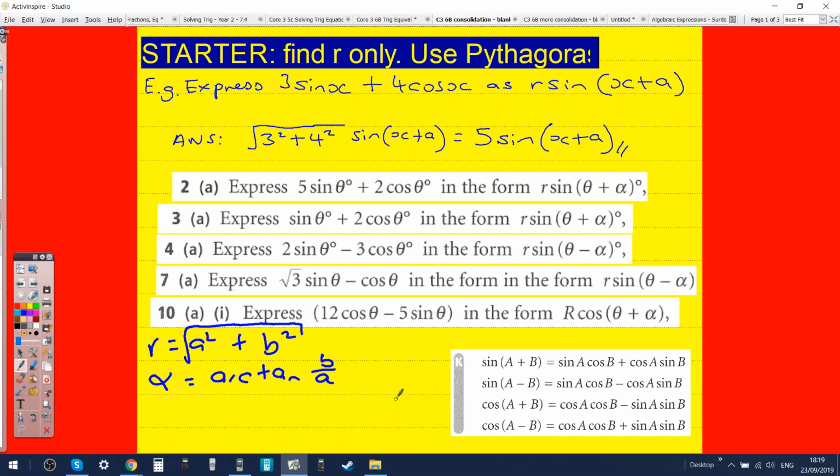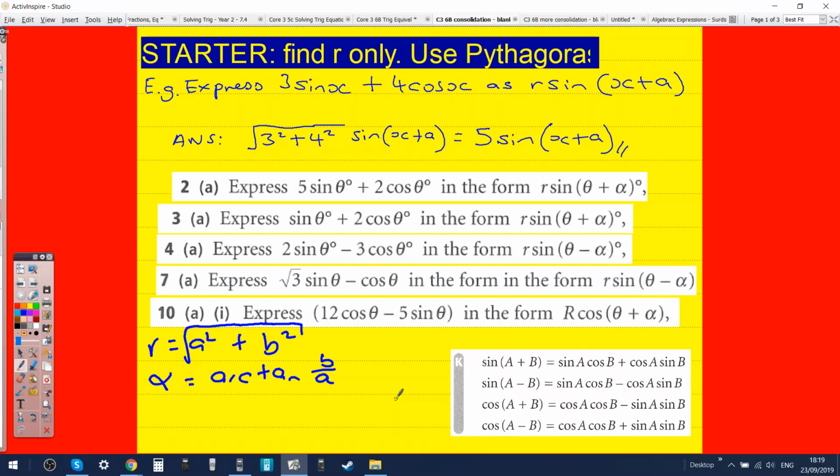Okay. So to continue with this, it would be the square root of 5 squared plus 2 squared, which is 25 plus 4. So the root of 29, which is 5.39. No. Just leave it as root 29. It's fine. Okay. I'll just write that out.